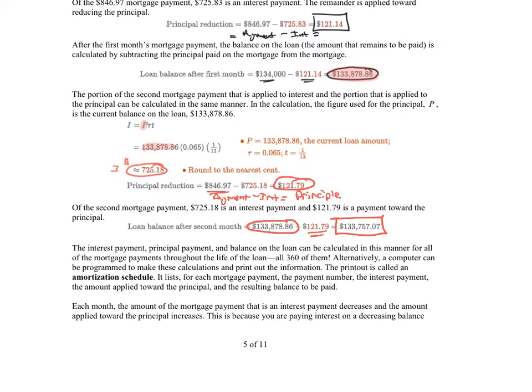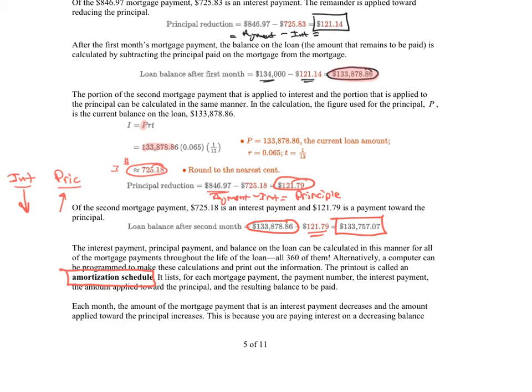Keep this process up. This is called an amortization schedule. If you Google that, put in the loan information, it'll give you how much goes towards principal and how much goes towards interest for the entire 30 years. What you're going to notice is that the amount that goes towards interest is going to go down, and the amount that goes towards principal is going to be increasing over time.